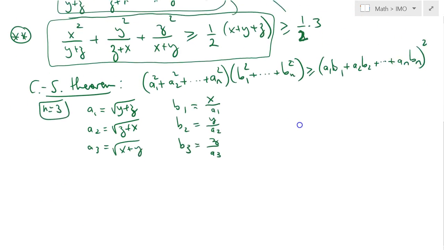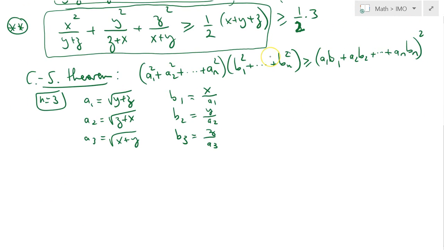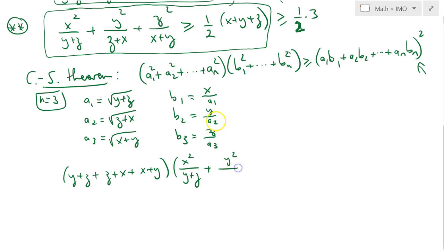Now if you plug in these expressions into this Cauchy-Schwarz inequality, we get the following. a1 squared is simply y plus z, a2 squared is z plus x, and a3 squared is x plus y, times b1 squared, which is x squared over y plus z, plus y squared over z plus x, and finally z squared over x plus y.